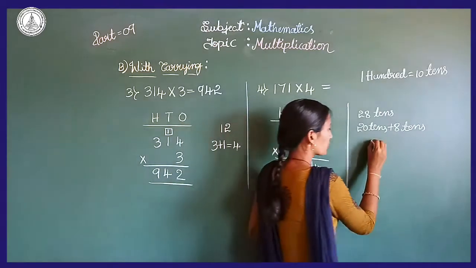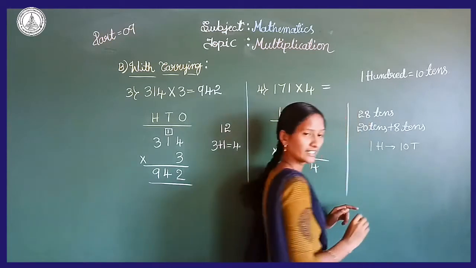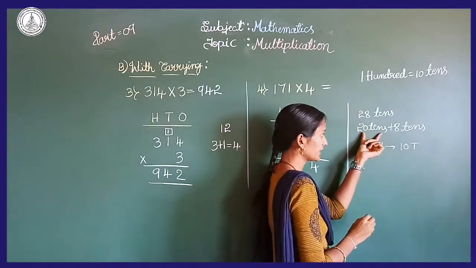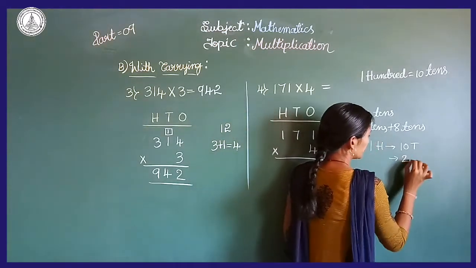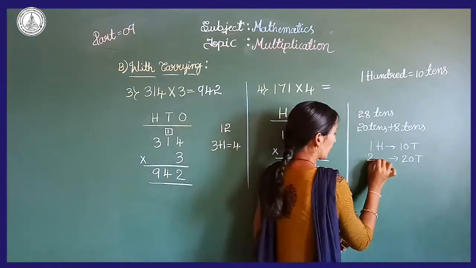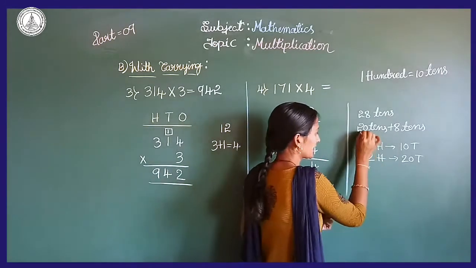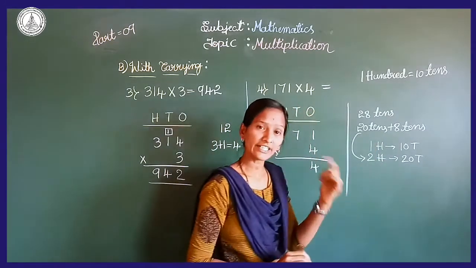See here. 100 is equal to 10 tens. So here is 20 tens. So 20 tens is equal to how many hundreds? 2 hundreds. Right? Instead of this 20 tens, I am taking 2 hundreds.